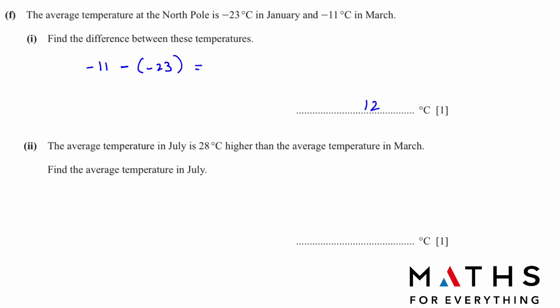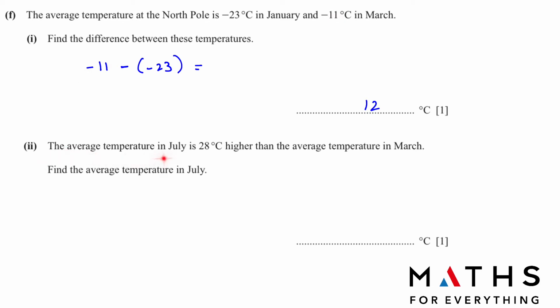Always remember that the negative number, even though you see this is 11 and this is 23, you may think 23 is big. No, the negative number, the smaller number is bigger. So negative 11 minus 23 will give us 12. F2.